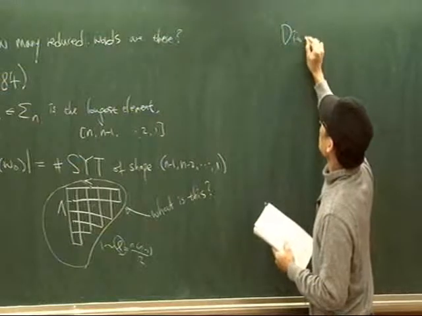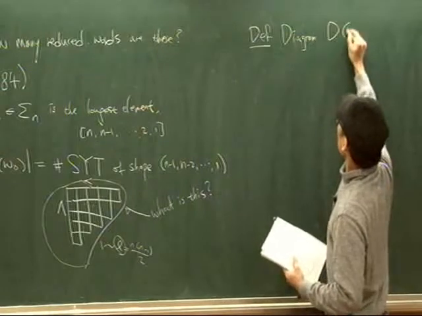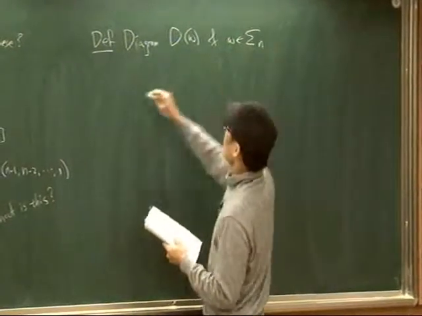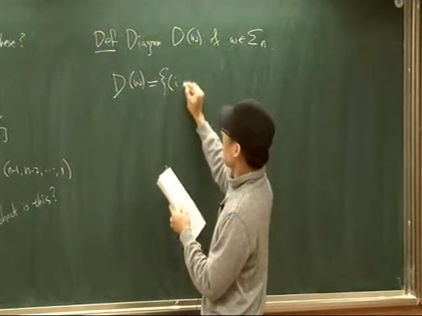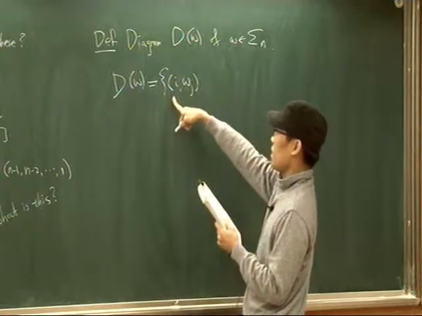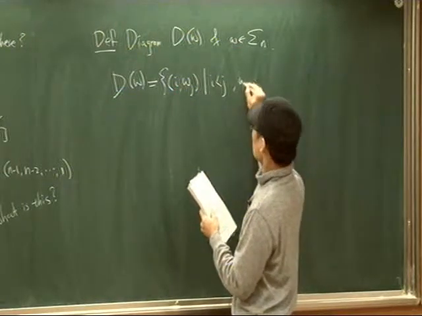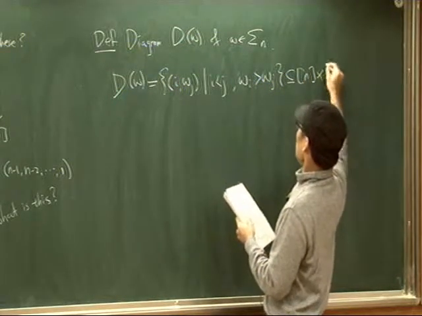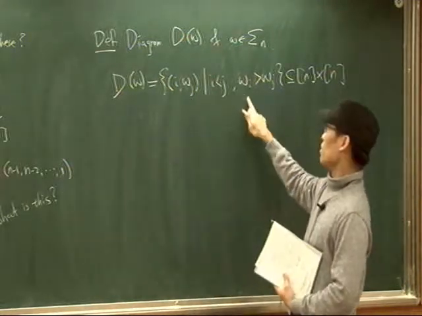The diagram D(w) of w in S_n is the set of boxes whose coordinates are (i, wj), where i is less than j and wi is greater than wj.